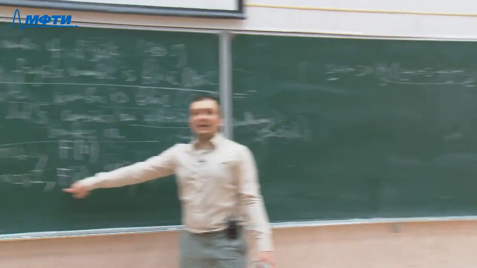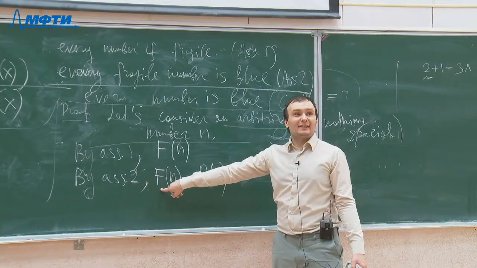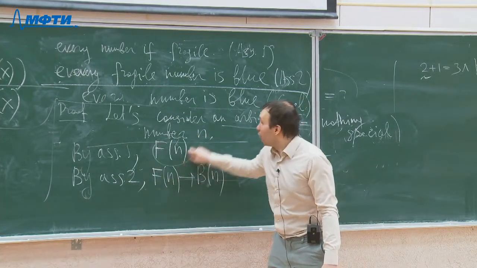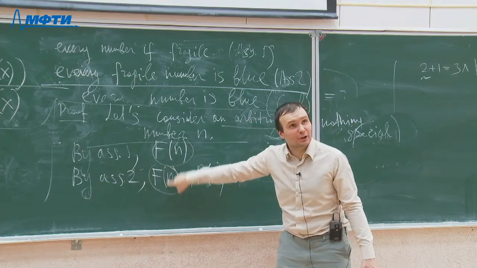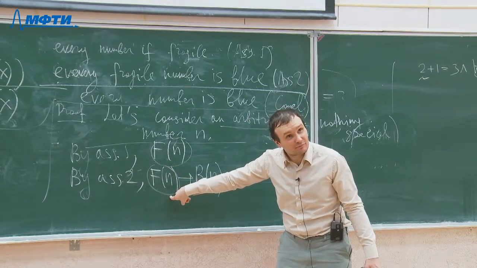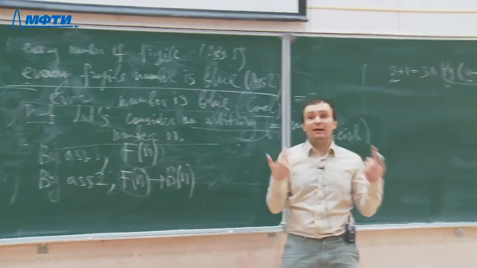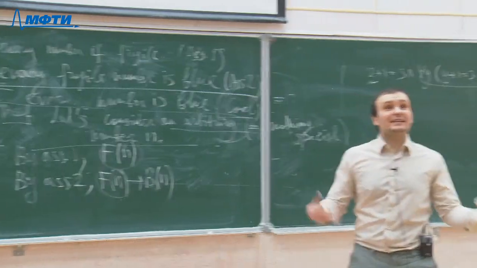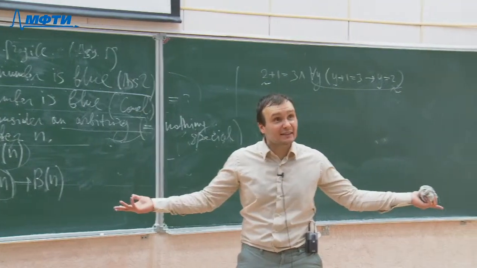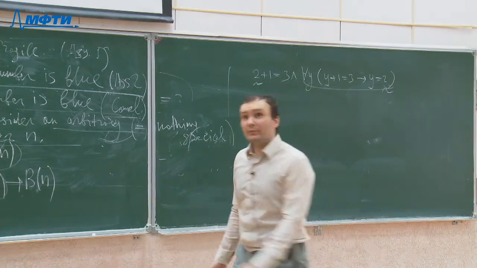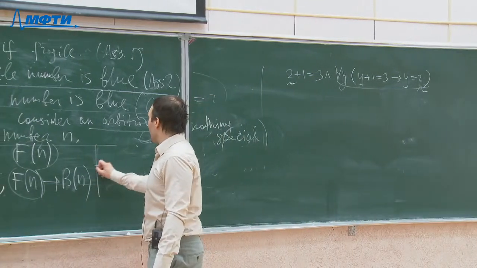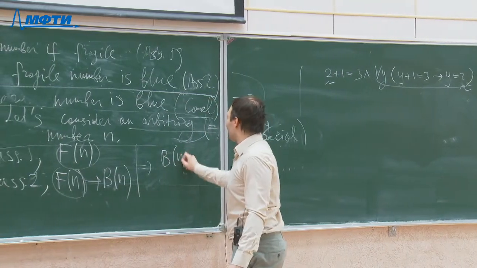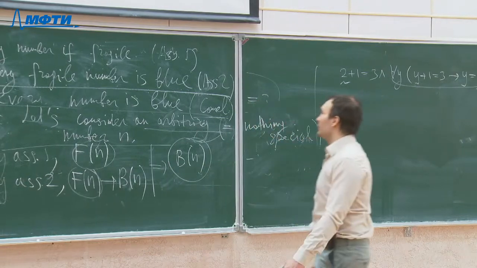Is it possible that the assumption of this implication is false? No! We know the assumption to be true. So the only possible reason for this implication to be true is that its conclusion is true. So if we have a true implication with a true assumption, that means that its conclusion must be true.